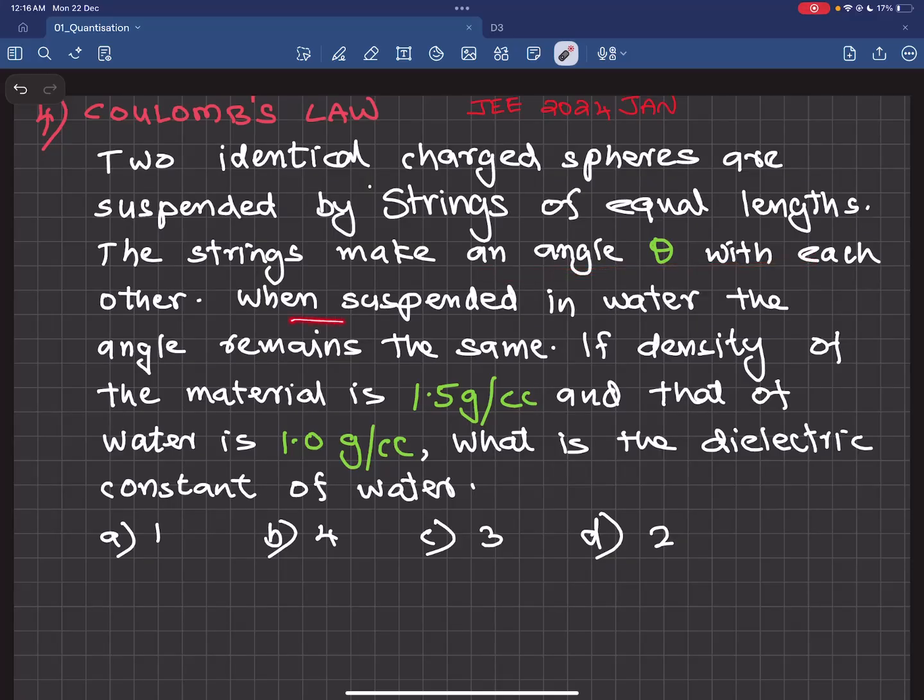When we do the same underwater, the angle between the strings remains the same. They have given you the density of the steel ball, 1.5 gram per cubic centimeter, and the density of water, 1 gram per cubic centimeter. They want the dielectric constant of water.